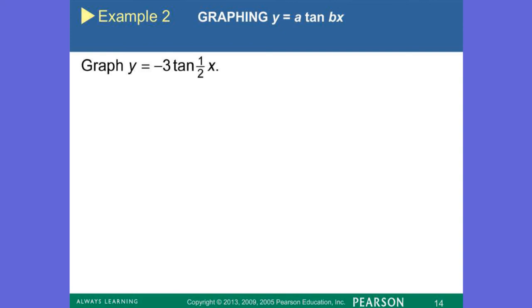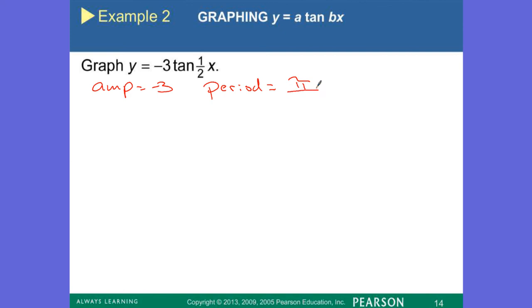Alright, so let's take a look at this one here. Okay, this is example 2. What's the first thing I'm going to pick out? Amplitude. My amplitude is what? Negative 3. Period.